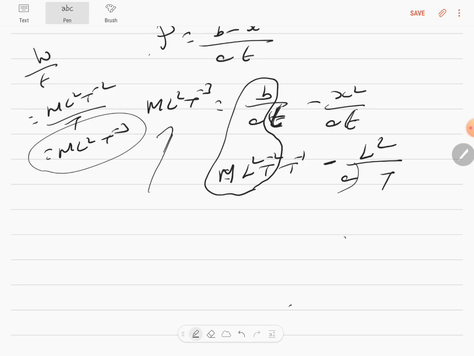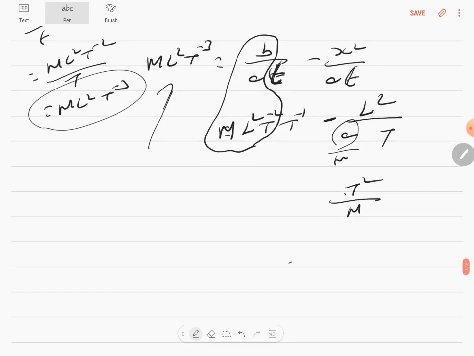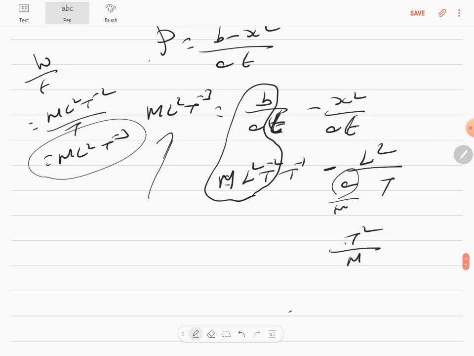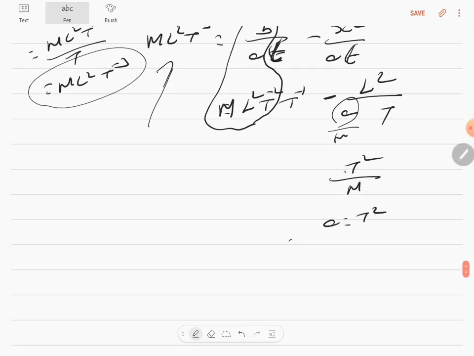So your a should necessarily have a t square. And then A should also have a 1 by m, so that m can go up and you'll get an m there. So A itself is, what about L square? L square is there. Luckily, L square alone is there. Therefore, A is equal to t square by m.